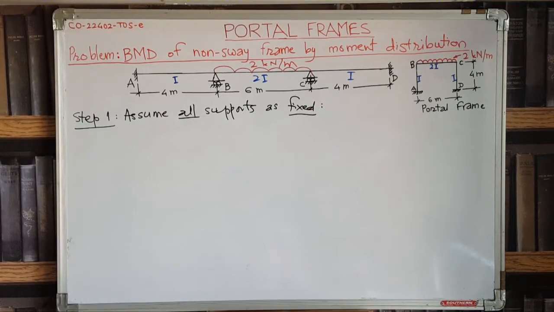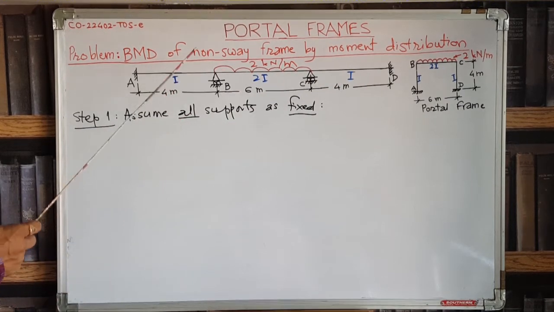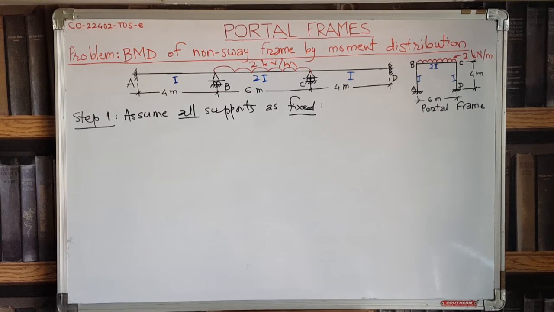Now due to this step, what happens is the entire continuous beam of 3 spans gets converted into 3 separate fixed beams. Now every fixed beam will have its own fixed end moments. You have already studied the topic of fixed beams, because the topic of fixed beams is a prerequisite topic for the moment distribution method itself.